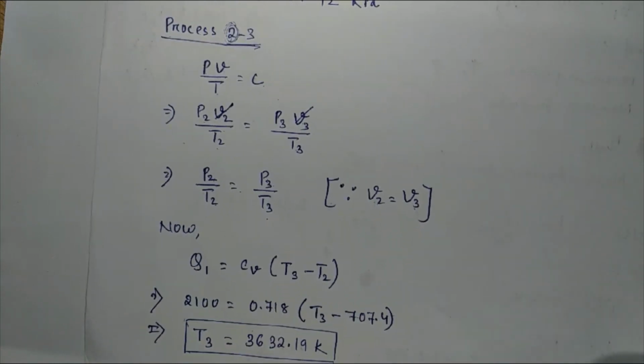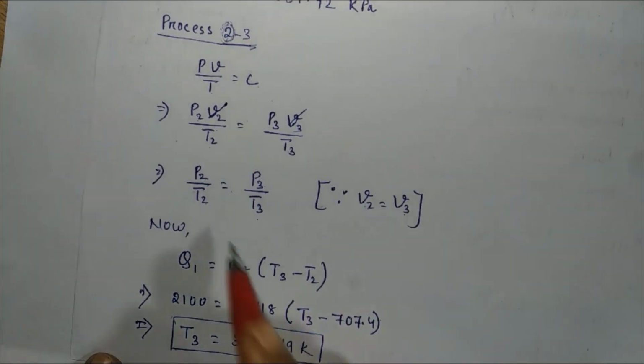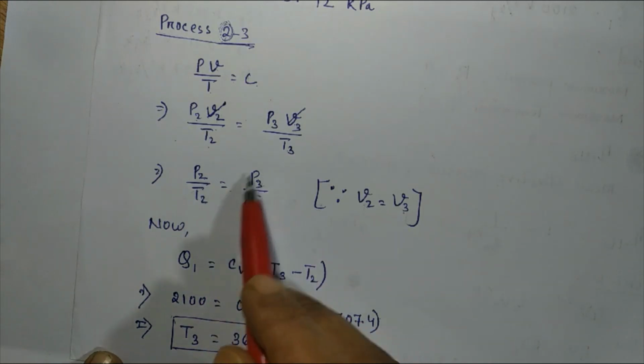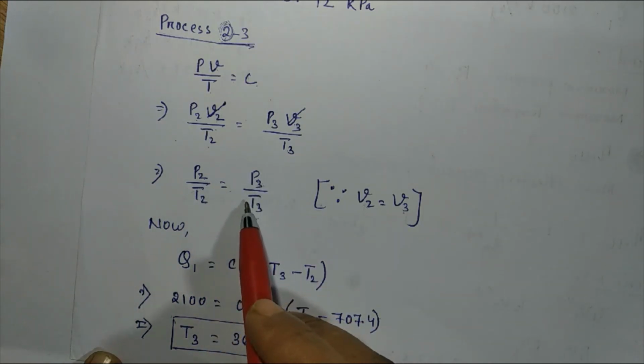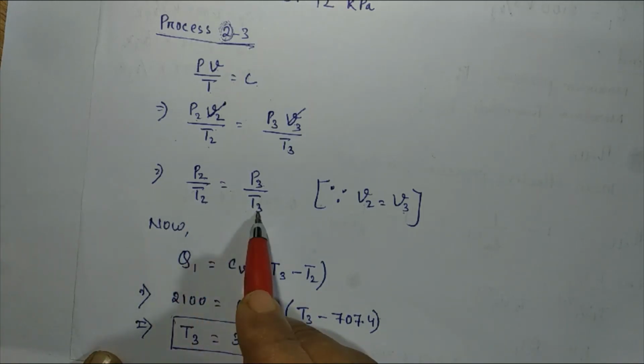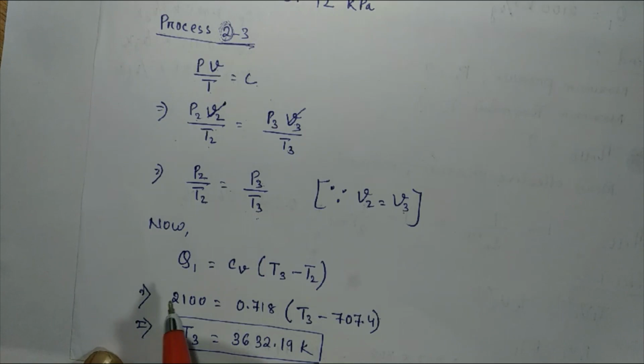So see, here we get the relation, but P3, T3 both are unknown, which we have to calculate according to this question. So we leave this equation here as it is.